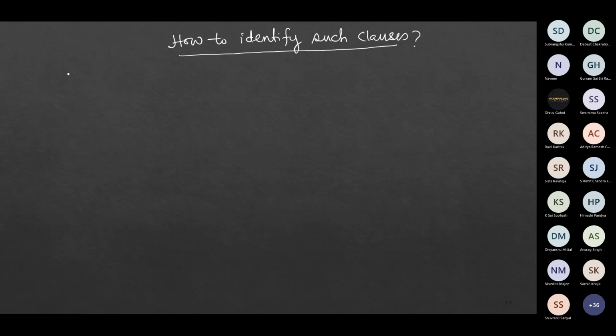So basically, we will try to add these clauses each time unit resolution discovers a contradiction.